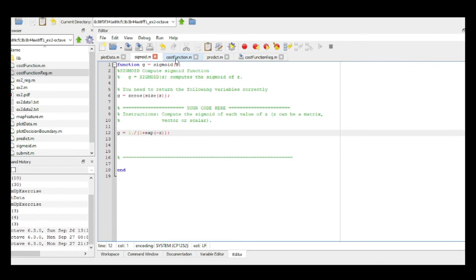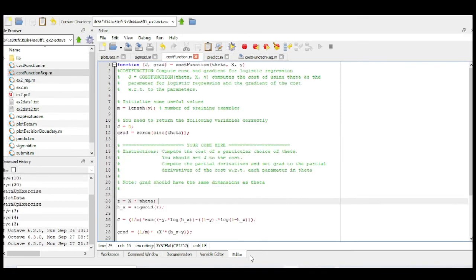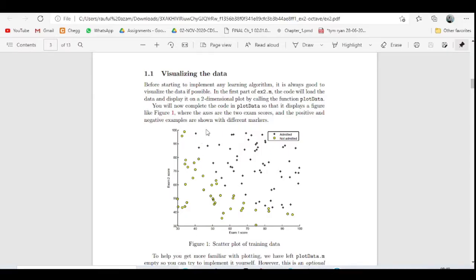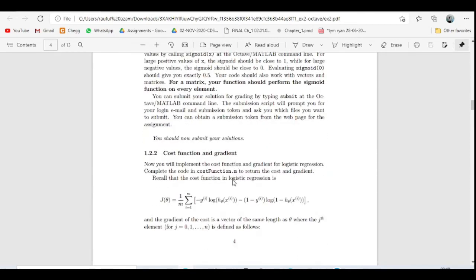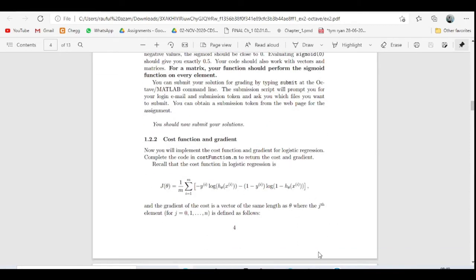Now coming to the next, costFunction.m. Before that, I just want to explain what the cost function will be for logistic regression.